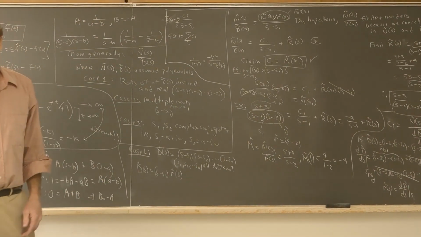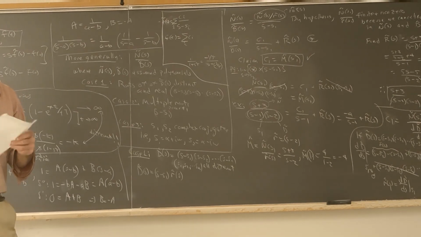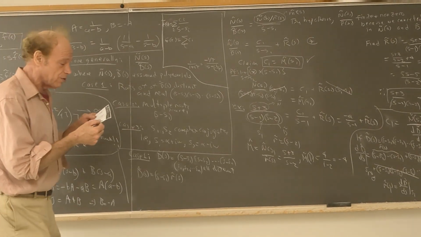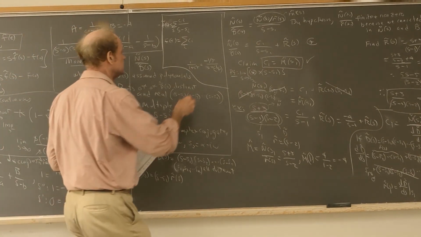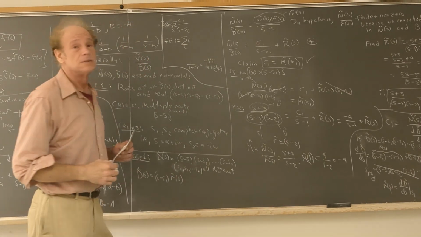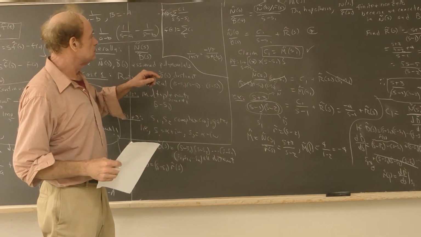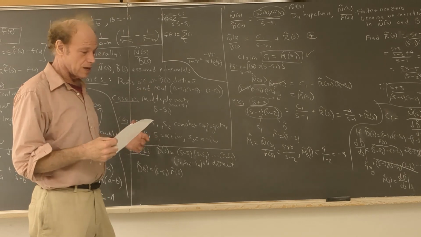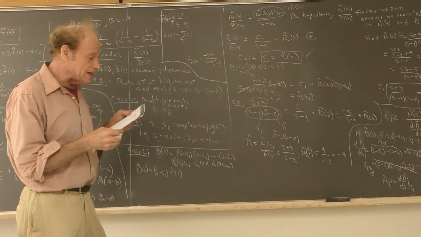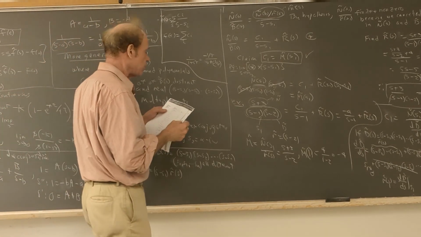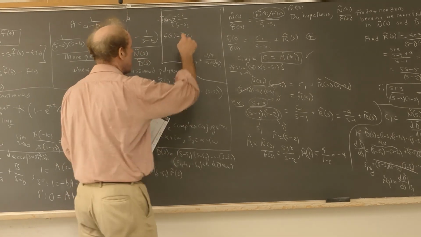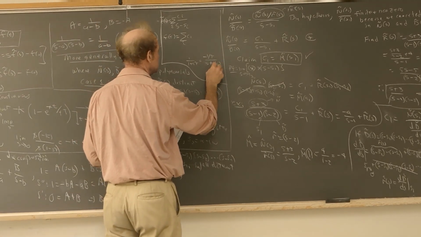So now I can look back at the table. In line 4 is 1 over 1, I'm sorry, this is a plus. Did I get that right? Yeah. Okay. So this tells me in the table that this is just s_i.